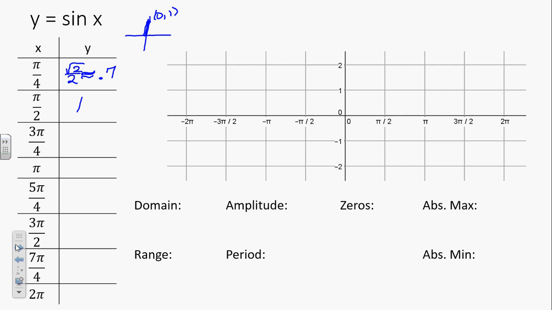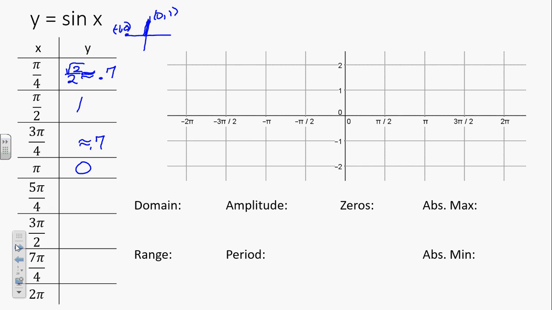But we're going to call it 0.7 for now because we're graphing. And in the second quadrant, the sign is positive or negative? Positive, okay? Now, pi. When we're over here at pi, the ordered pair is negative 1, 0. So what's the sine? 0. The y value is 0.